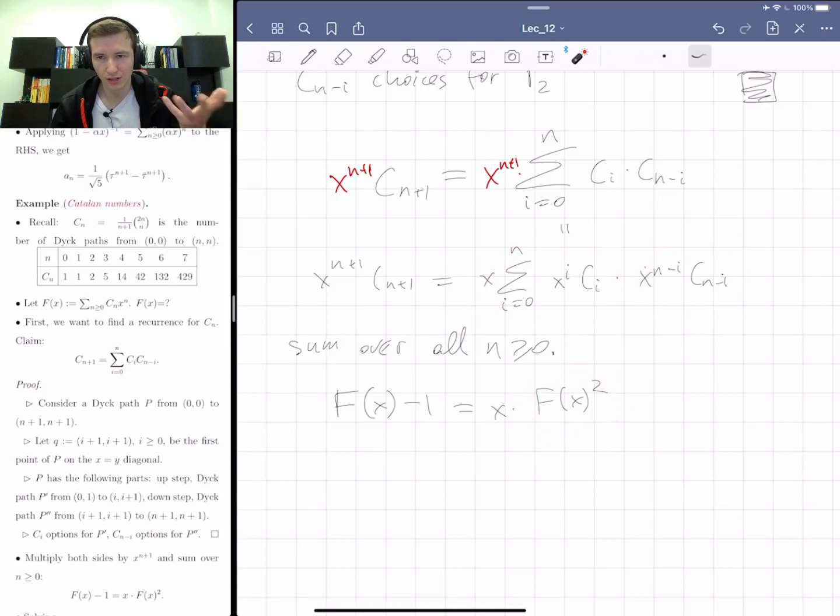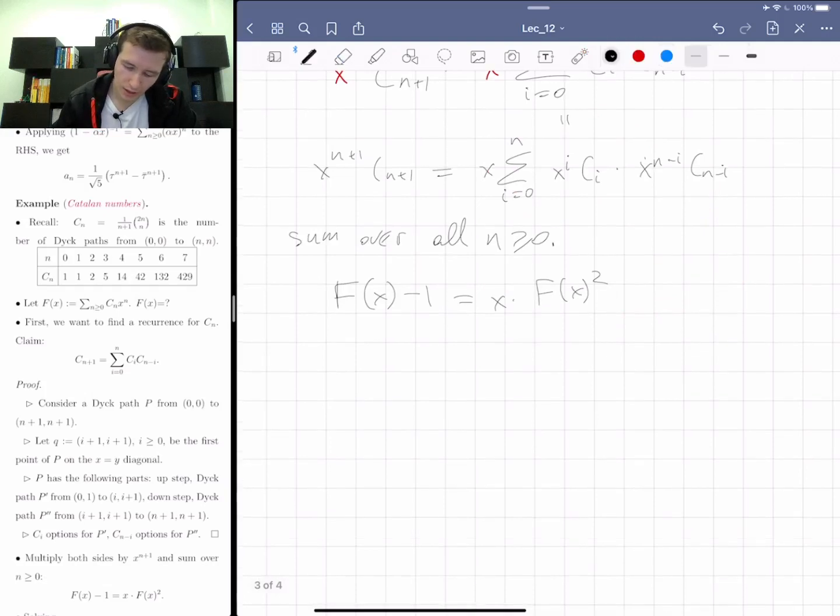So there's a product formula from the previous lecture. If I just expand f of x squared using the same formula as for the product of two polynomials, then I get this formula for the coefficients. So in particular, I get a quadratic equation on f of x.